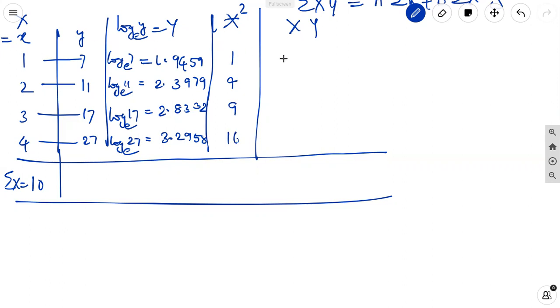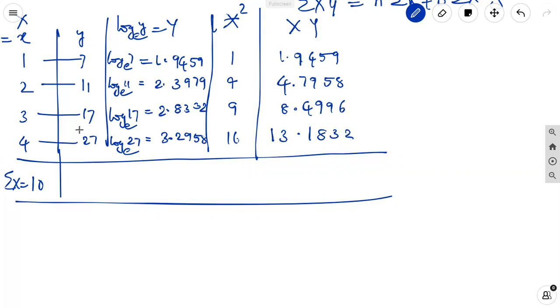XY: 1 into 1.9459 is 1.9459. 2 into 2.3979 is 4.7958. 3 into 2.8332 is 8.4996. 4 into 3.2958 is 13.1832.